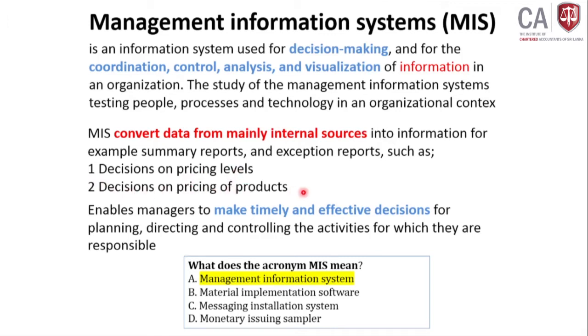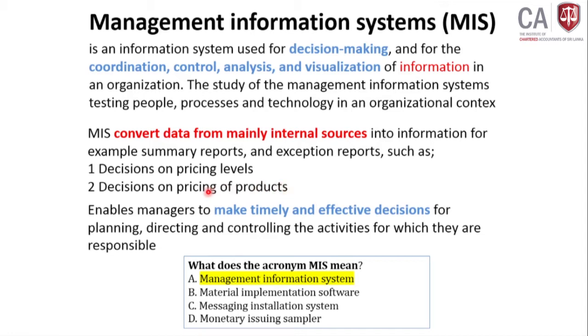Let's say a decision on price level, decision on price of products. So that information is gathered, and with the previous data that the system will have, that is fetched to this one, and then they will decide on the pricing of the product. Let's say what is the cost involvement for the materials, for the transportation, for labor costs, and some other communication costs, and health and safety costs. There are so many other factors involved in this production cycle.